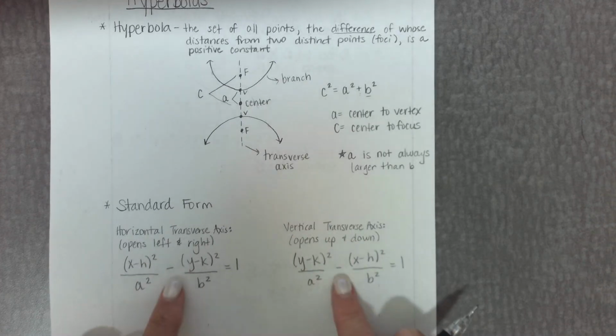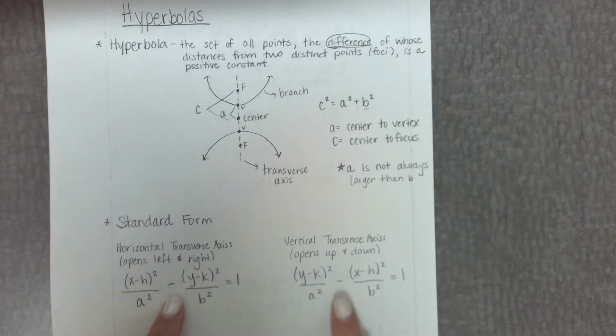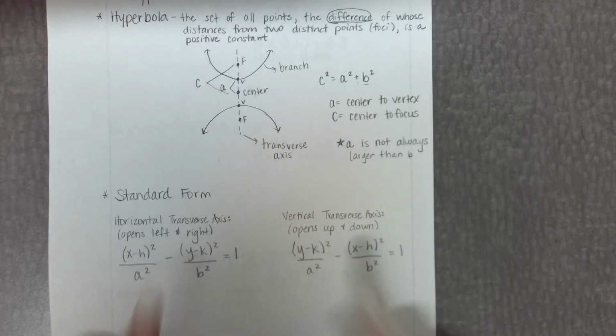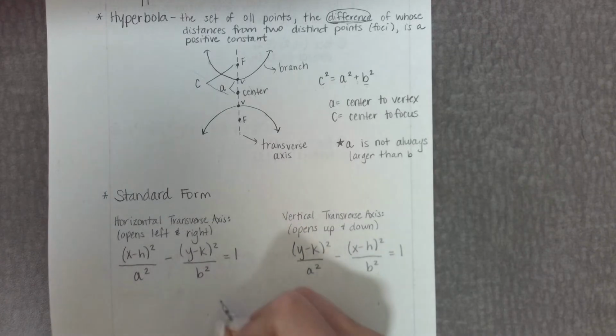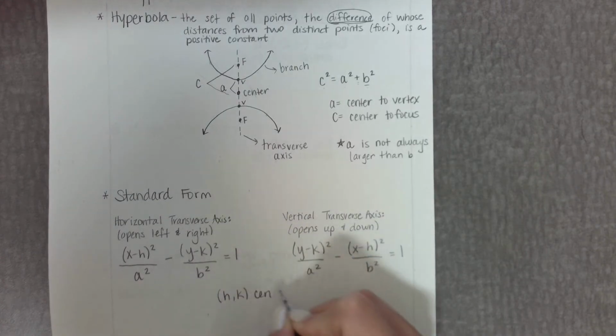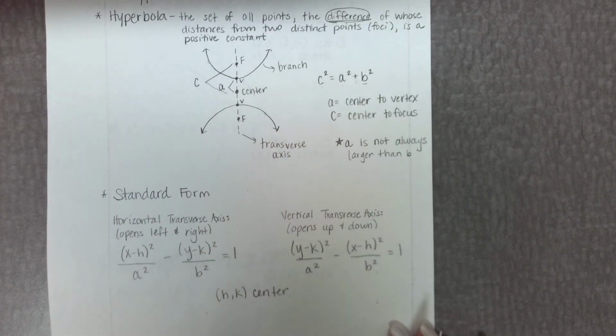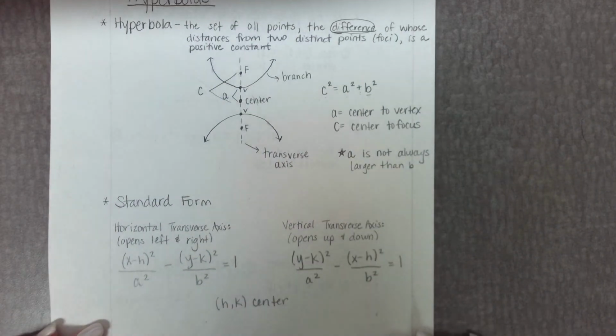And also the sign in the middle is now a subtraction because of that key word up here, the difference. Difference means subtract. Okay, so the letters H and K, those stand for the center of your hyperbola. Okay, so those are your standard form equations.